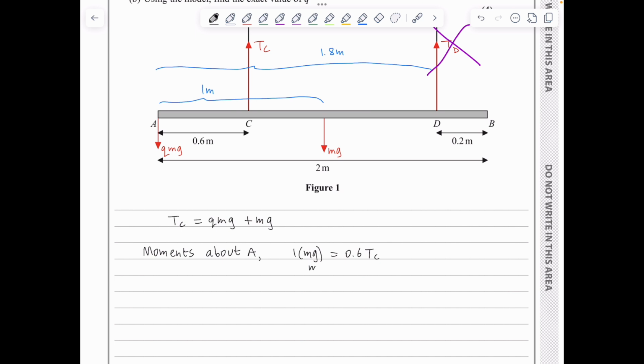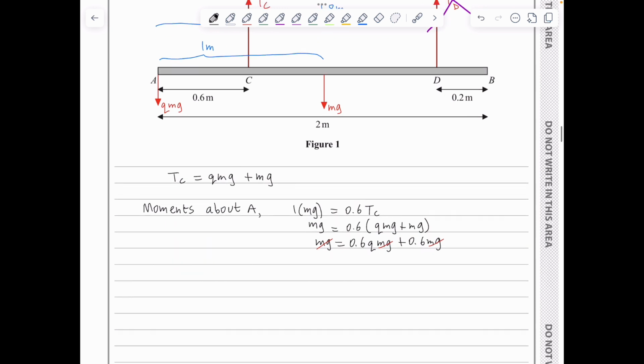So we've got that mg is 0.6, and TC will be replaced with QMG plus mg. I will be expanding this to get mg is 0.6 qmg plus 0.6 mg. Obviously, I will be cancelling out the mg's, leading to 1 is equal to 0.6 q plus 0.6.